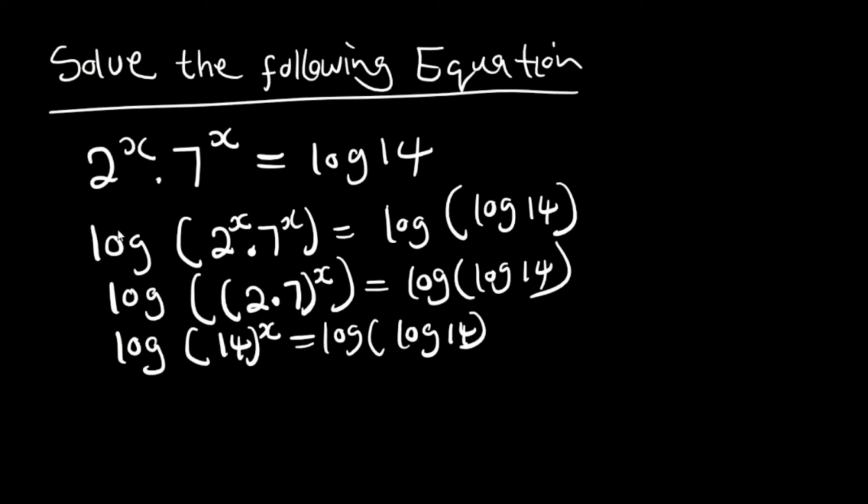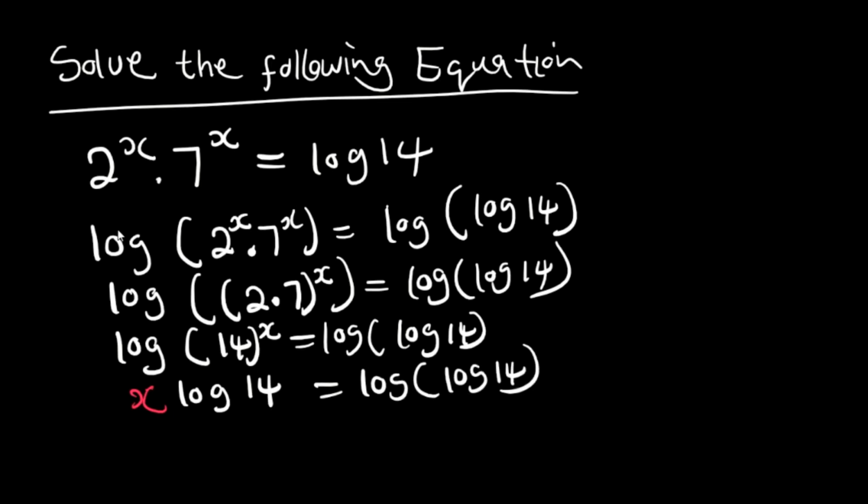So now, because we have log of 14 to the power x, we're going to drop the x. We'll have x, and then log of 14 equals to log of 14. Then we divide by the log of 14.